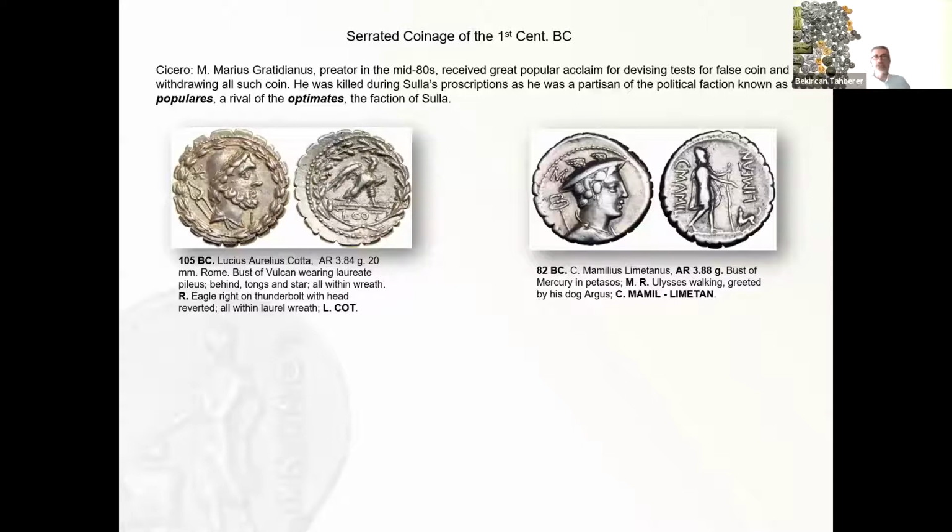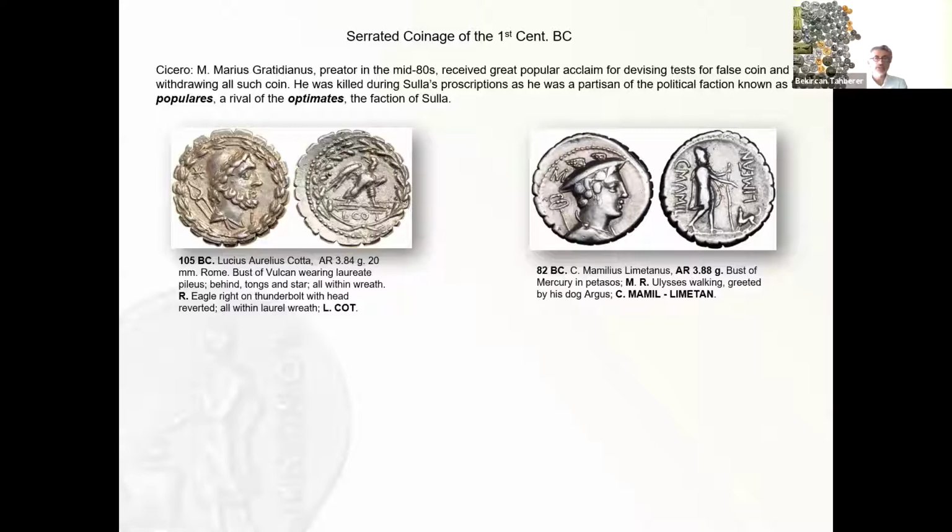He says that he received great popular acclaim for devising tests for false coins and for withdrawing all those fake coins. He was killed during Sulla's proscriptions, as he was a partisan of the political faction known as the Populares, a rival of the Optimates, the faction of Sulla and the rich.